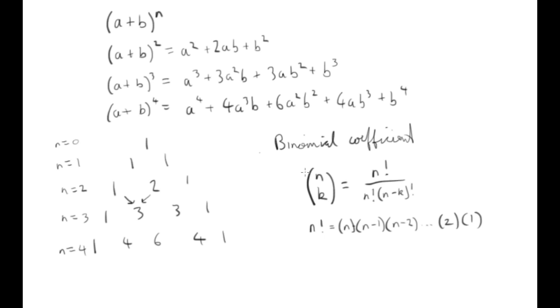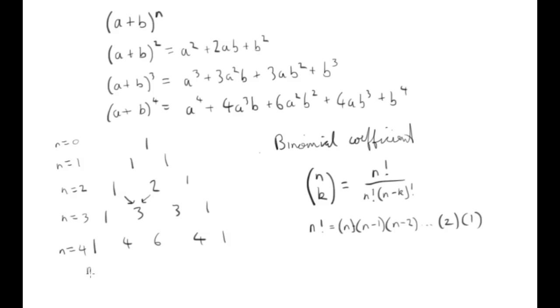Okay, so this is how we represent a binomial coefficient. So it has two numbers, n and k. Now n corresponds to this n here, and the k corresponds to how many values across in a row of Pascal's triangle.